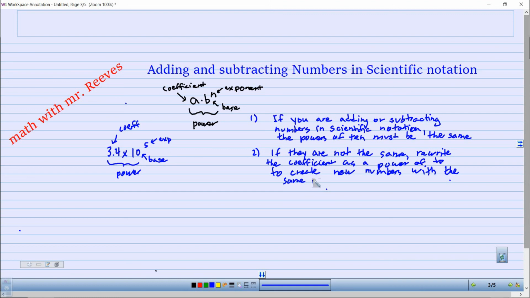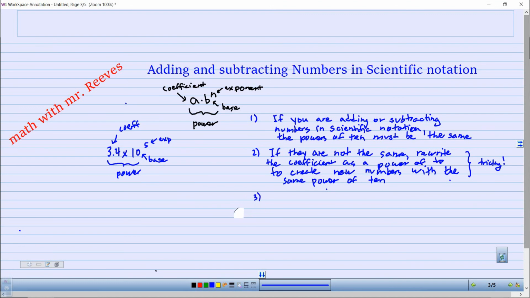This is going to be the tricky part right here. Okay? This part right here is going to be tricky. It's like that part of finding the common denominator. I could say to you, if you're going to add two fractions together, they have to have a common denominator. If they don't have a common denominator, rewrite the fraction with a common denominator. It's easy to say, but doing it is not as easily done.